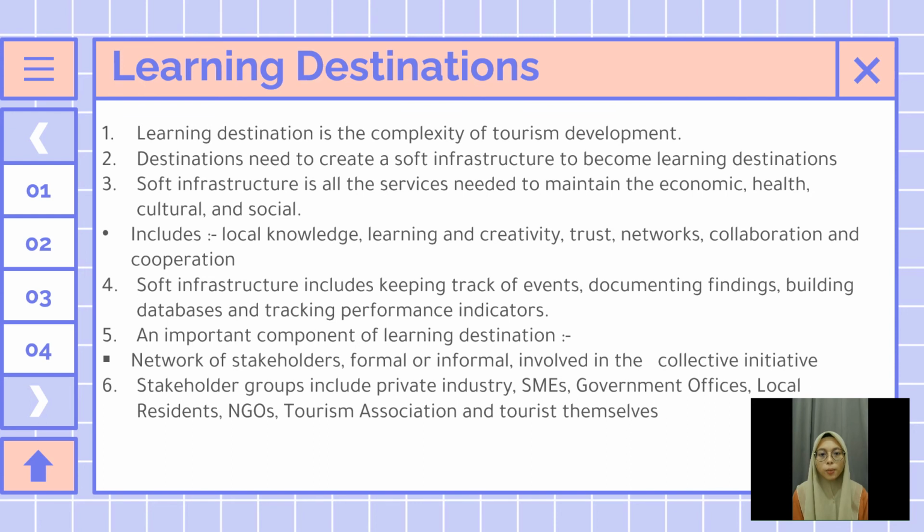Then the important component of learning destination is a network of stakeholders, formal or informal, involved in the collective initiative. The task of the DMO is to work with all stakeholders in the destination to communicate and have a common vision. Stakeholder groups include private industry, SMEs, government officers, local residents, NGOs, tourism associations, and tourists themselves.